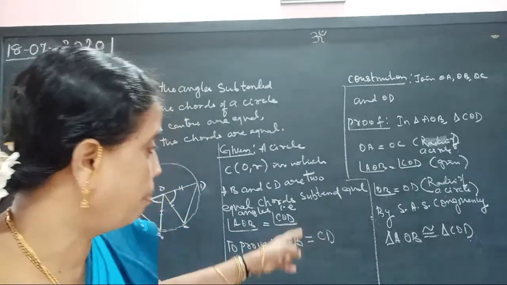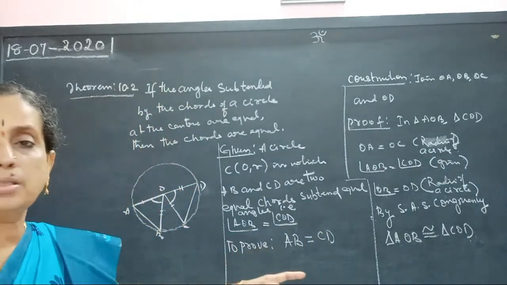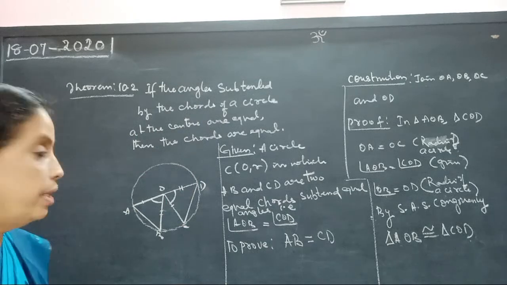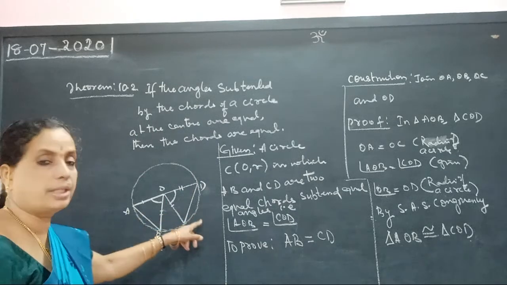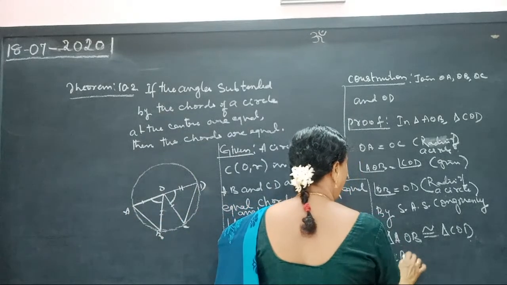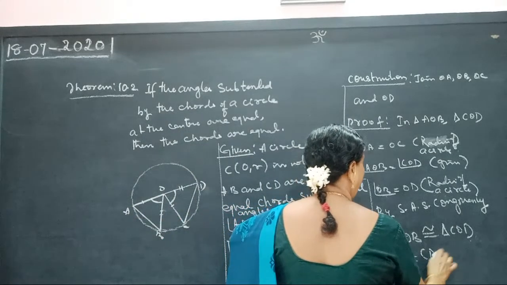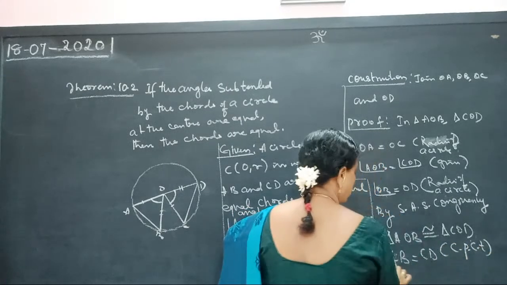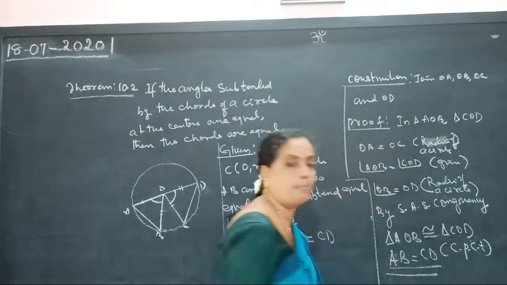Triangle AOB is congruent to triangle COD. When they are congruent, then we can consider AB equals CD. It is its part, corresponding parts (CPCT). Hence proved.